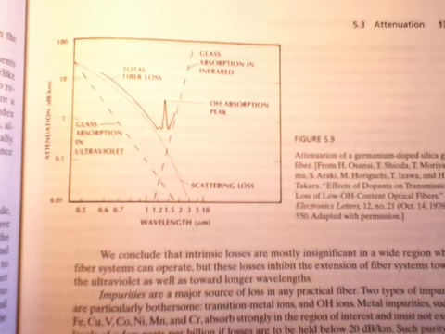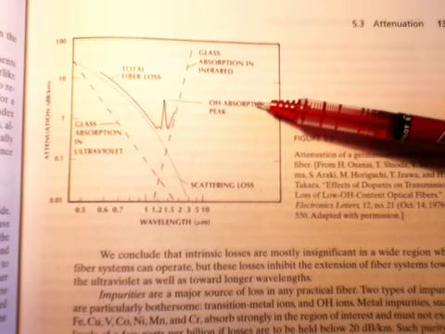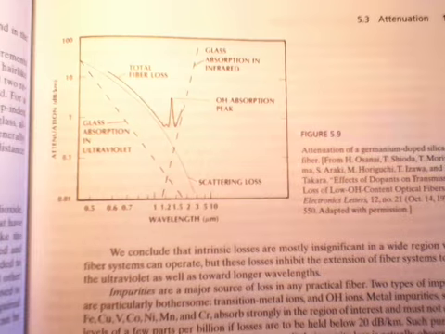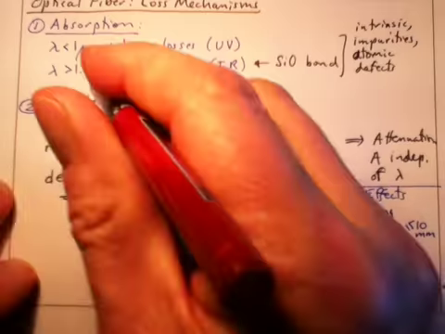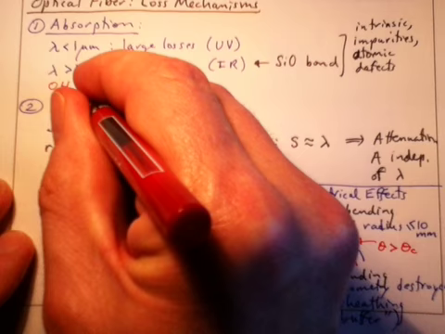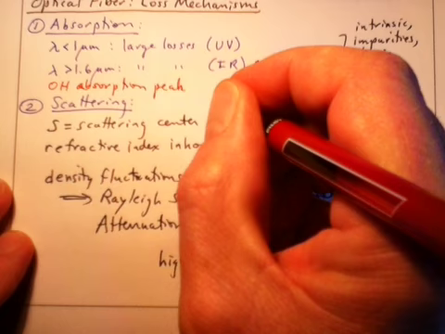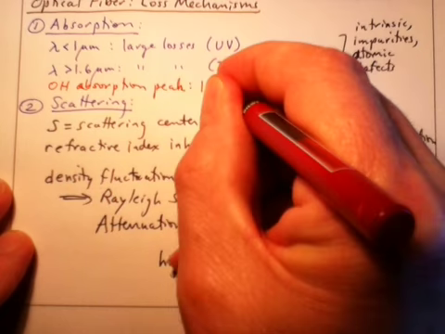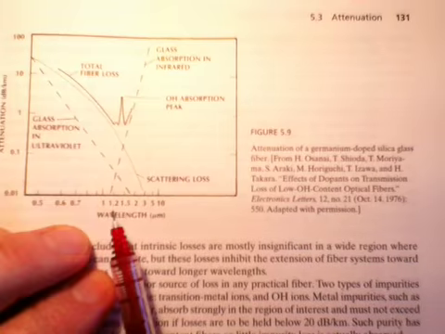The other effect you have to be aware of in optical fiber loss is the OH absorption peak. It's part of the absorption, so as part of the absorption we have OH absorption at 1.4 microns wavelength. That's simply a resonance of the OH bond to that wavelength of light.